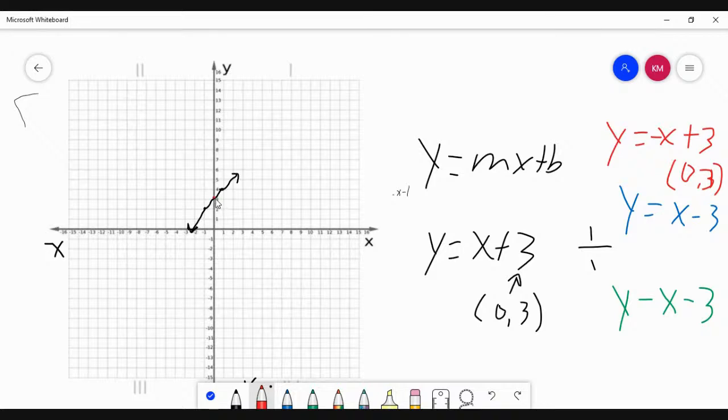So once I plot that point, then I can go up 1, left 1, and that puts me here. Or I can go down 1, right 1, and that puts me here. And of course, I draw through my line like so. And that gives me my negative slope.